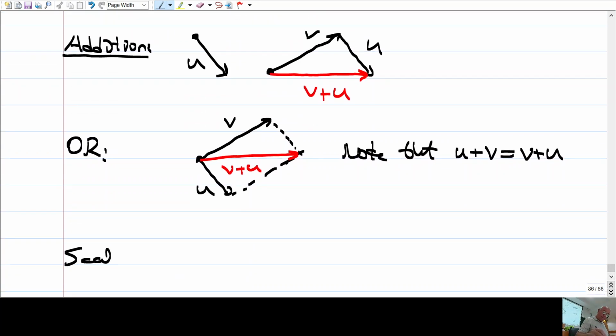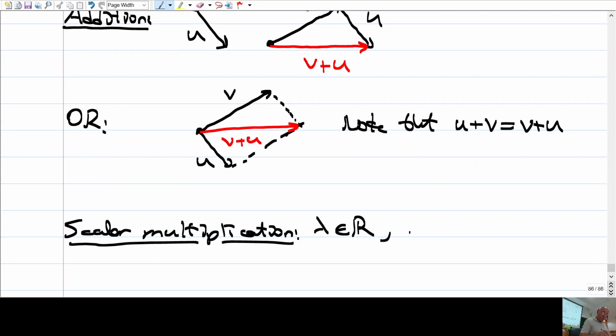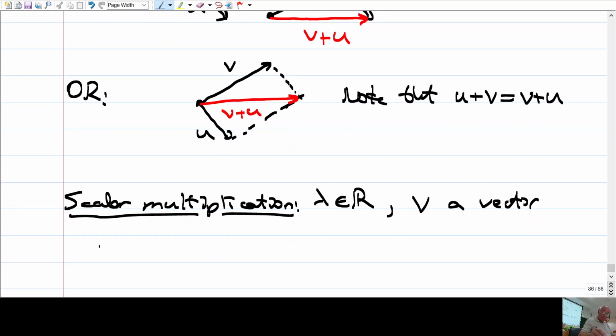And we have scalar multiplication. What's that? If lambda is a real number, and suppose this is a vector v, we can consider lambda v.